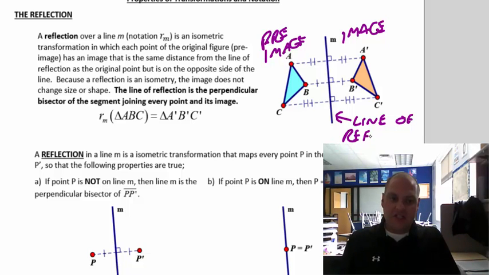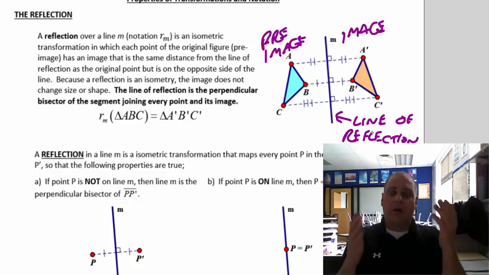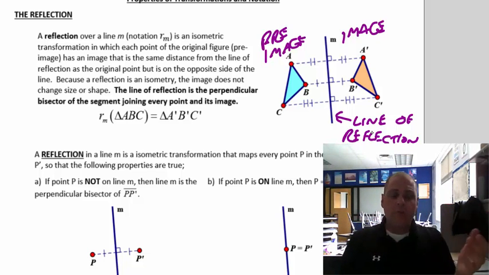Every reflection must have a line of reflection. There's a line that it's reflected over. It could be just a point reflected, or it could be a triangle or a square or a rectangle, whatever. In this case, we took a triangle and reflected it over. Notice how the distance from A to the line is the same as A prime to the line.